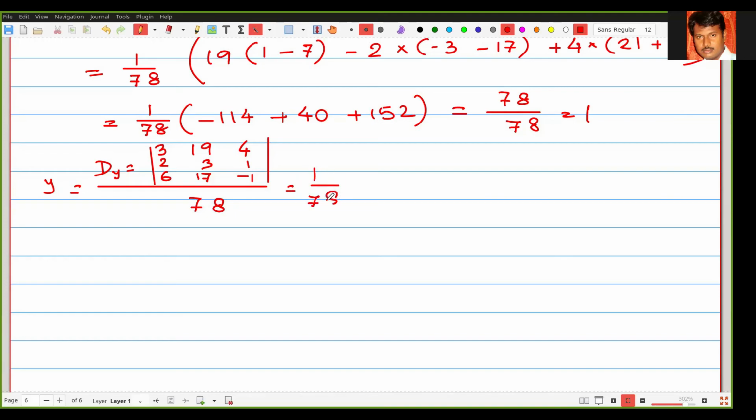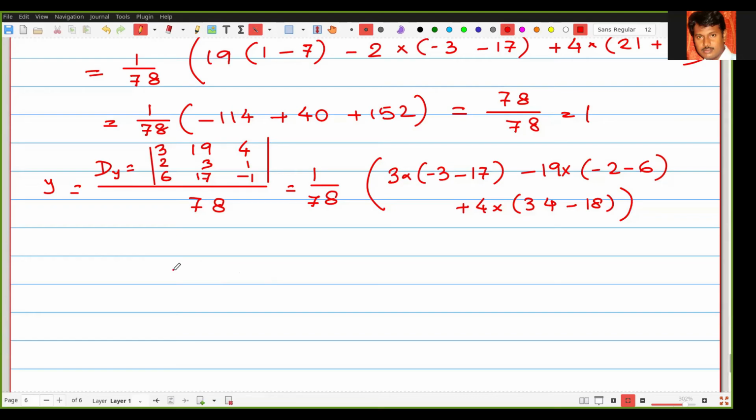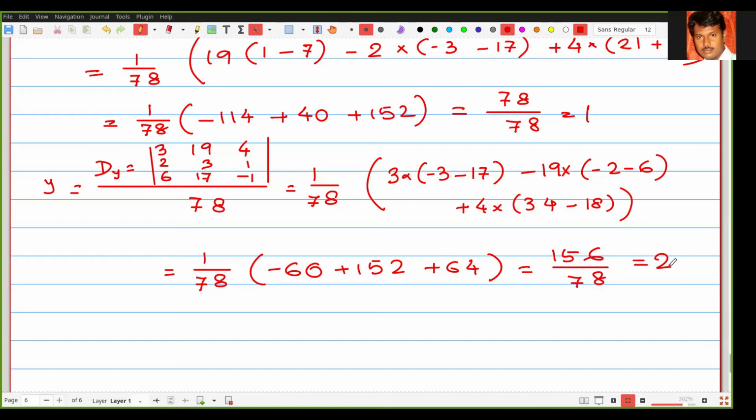So 1 by 78, then 3 into -3 -17, -19 into -2 -6, and +4 into 34 -18. So here the value is 1 by 78 minus 60 plus 152 plus 64 is equal to 156 upon 78, or the value is 2.